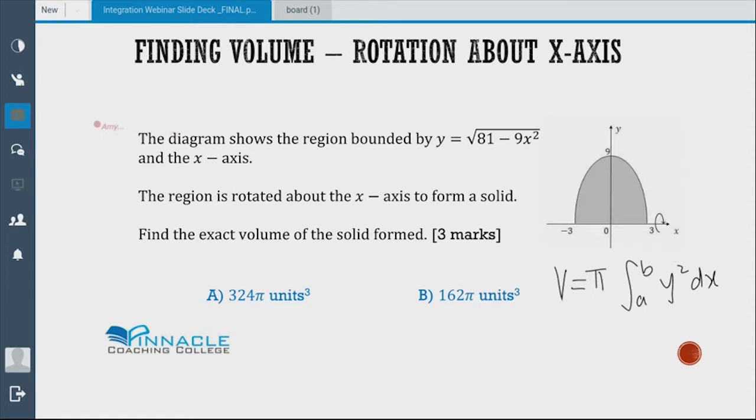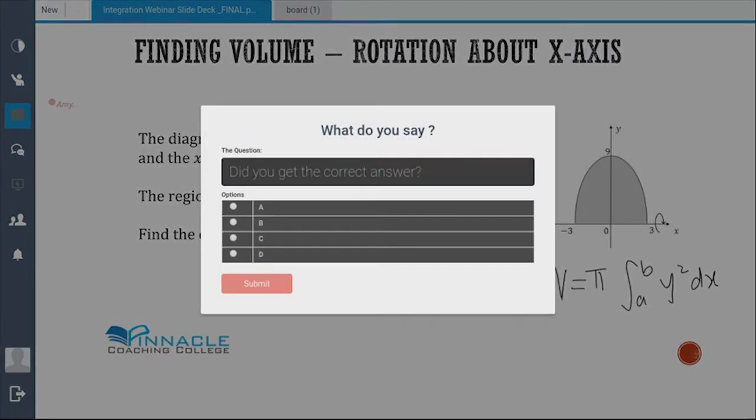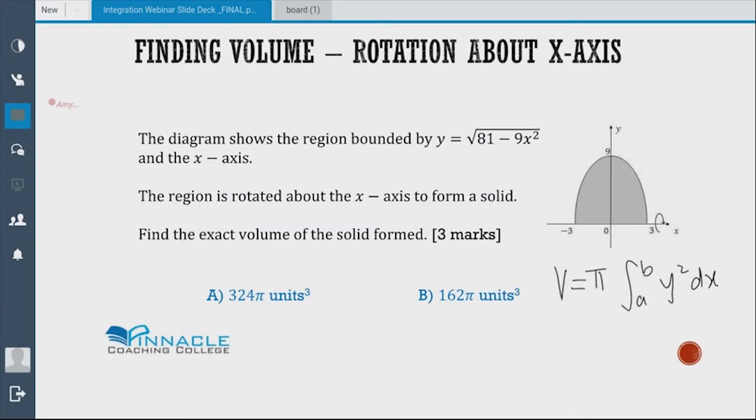Okay, so I'm just going to quickly put up the poll to check everyone's progress. So A was 324 pi, B was 162 pi.